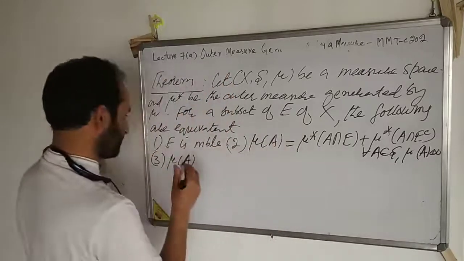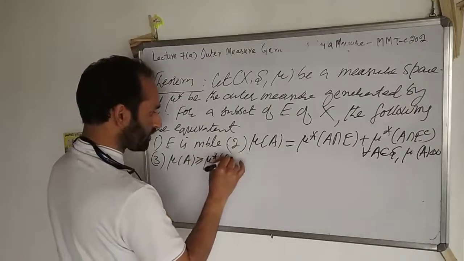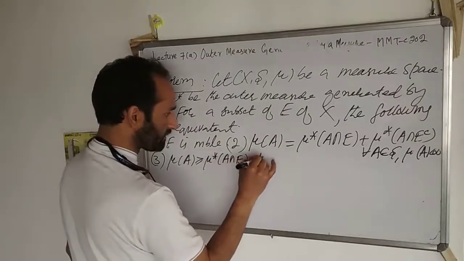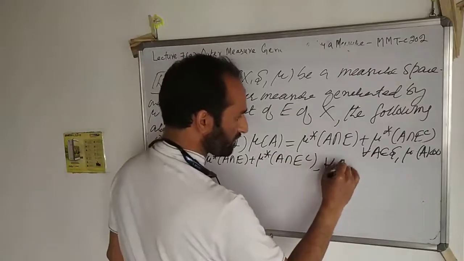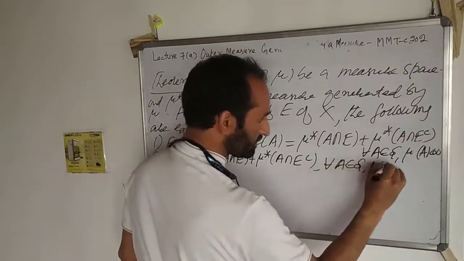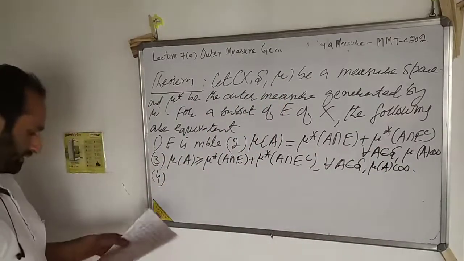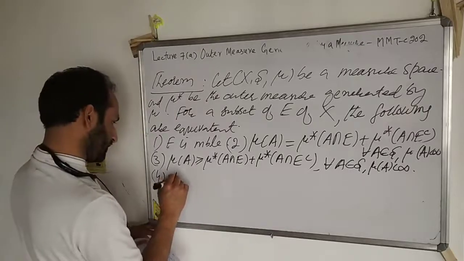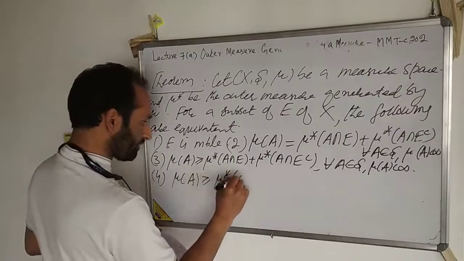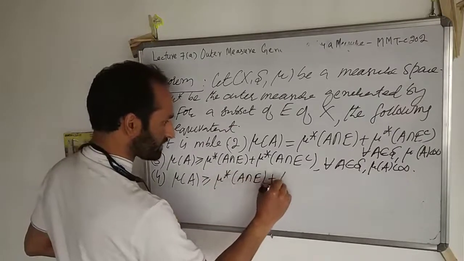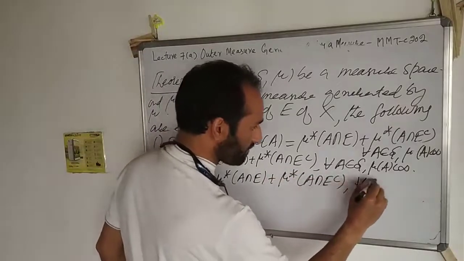And next, mu of A is greater or equal to mu star of A intersection E plus mu star of A intersection E complement for every member A of S with its outer measure finite. And the fourth property is mu of A is greater or equal to mu star of A intersection E plus mu star of A intersection E complement for every subset A of X.